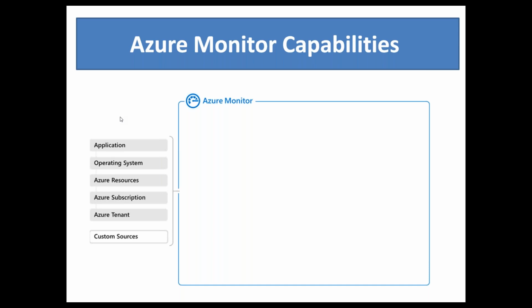When we're looking at Azure, it comes with two types of telemetry. One is metrics, and the other one is logs. Metrics are numbers, like the average CPU utilization, DTU percentage usage, the number of IOPS. These are metrics.